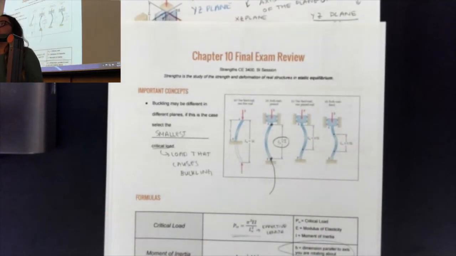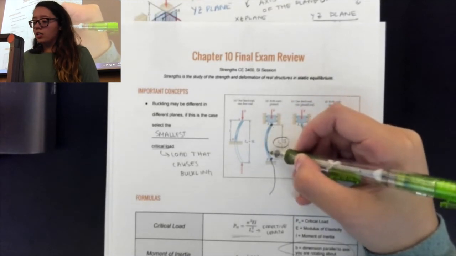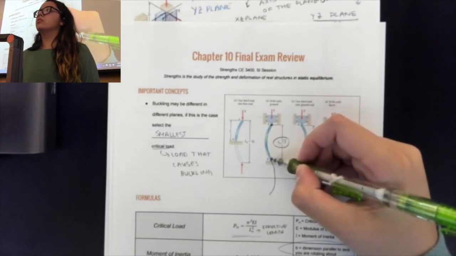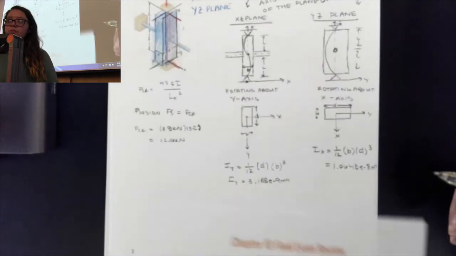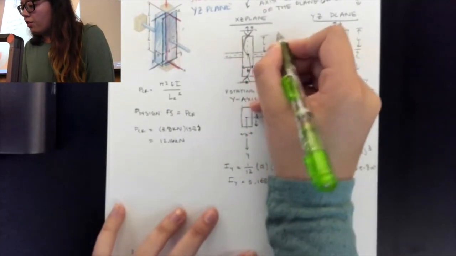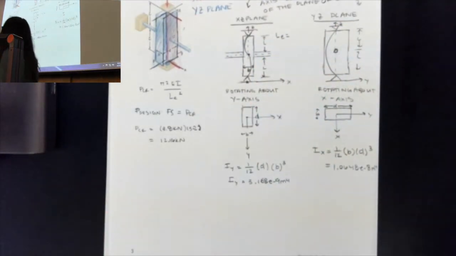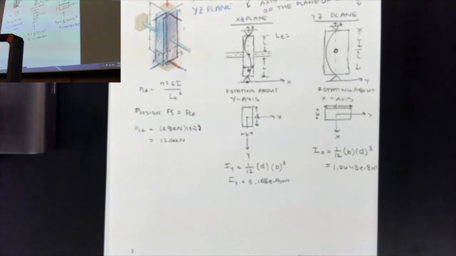Does that make sense to everybody? They're talking about the distance from where we start buckling to where we come back to our neutral position. So if we go to this one right here, what is the distance between where we start buckling and we come back to our neutral position? L, right?